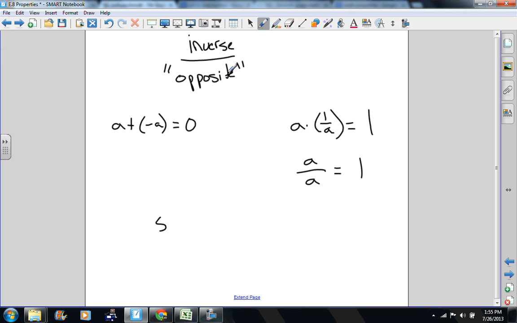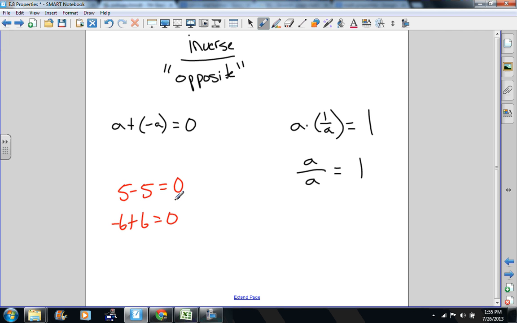Inverse is opposite. Now I drew a little number here. Inverse is kind of the opposite of the identity as well. It wants to get rid of the number. So if we have addition here, the opposite of addition is subtraction. What this means really simply is 5 minus 5 equals 0. Negative 6 plus 6 equals 0. If you have two numbers added together and they're opposites of each other, they will equal 0.